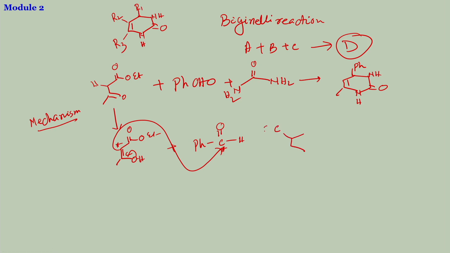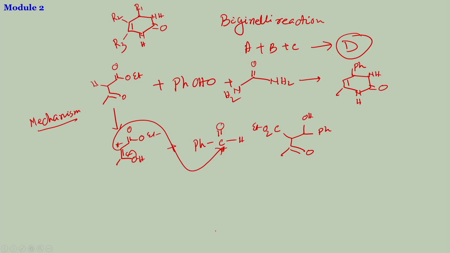So, the CO2Et is untouched, and here what you are getting is COH and Ph, and here you are getting back the carbonyl.